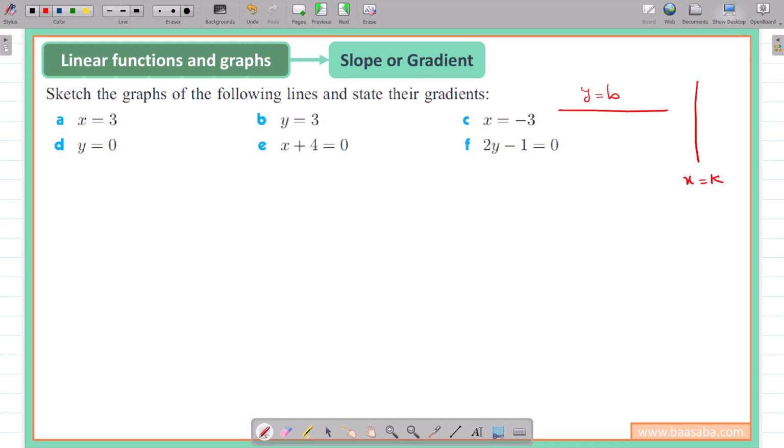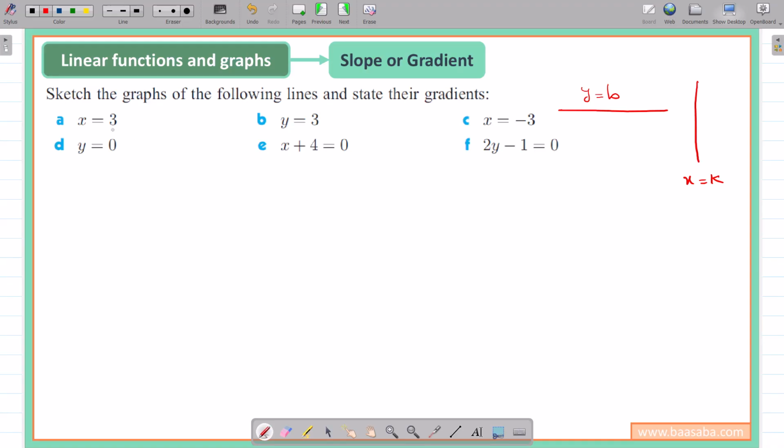If a linear equation has both x and y, the line is not vertical or horizontal. Here, in all of these 6 parts, the lines are only horizontal or vertical because we don't have both x and y in any of them.